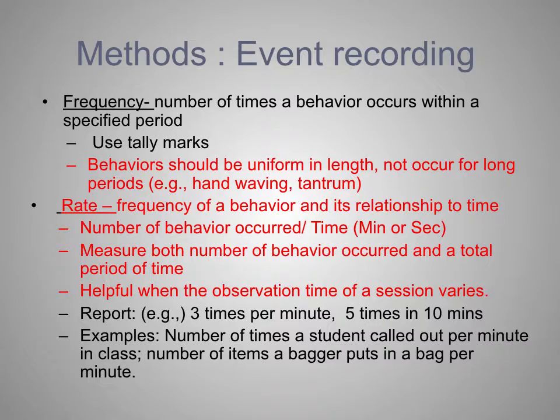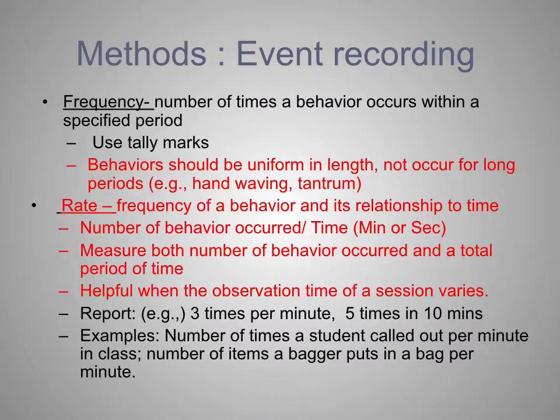So here are some data collection methods I want to mention, because you will collect data later for your project. The event recording methods include frequency, rate, and percentage. Frequency is to measure the number of times a behavior occurs within a specified period.